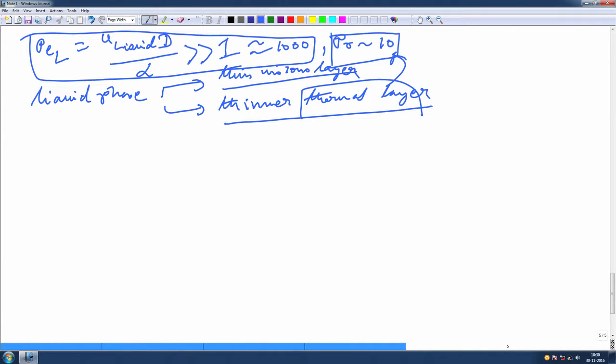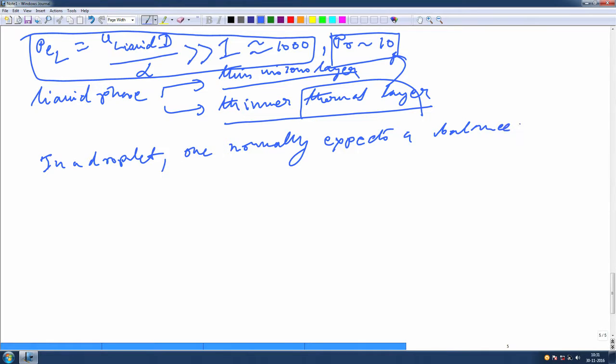So, in a droplet normally you expect a balance to happen between inertial force and friction forces, right. In a droplet one normally expects a balance between friction and inertia, right.